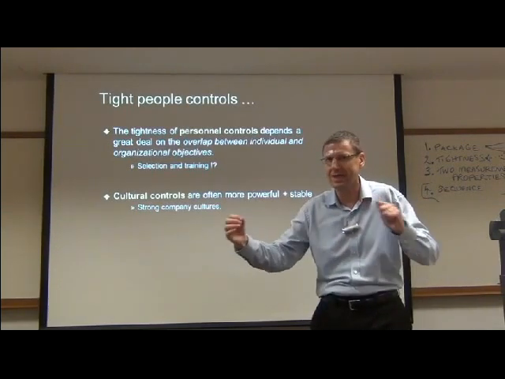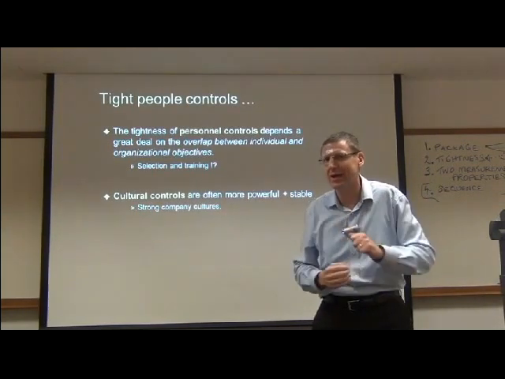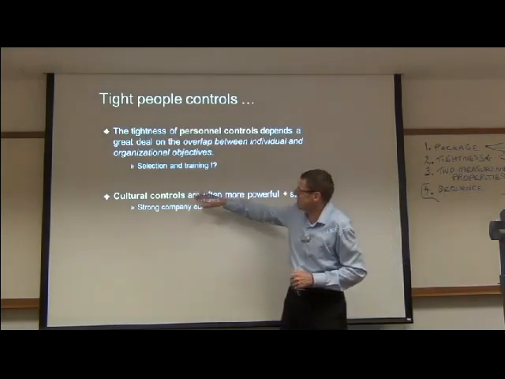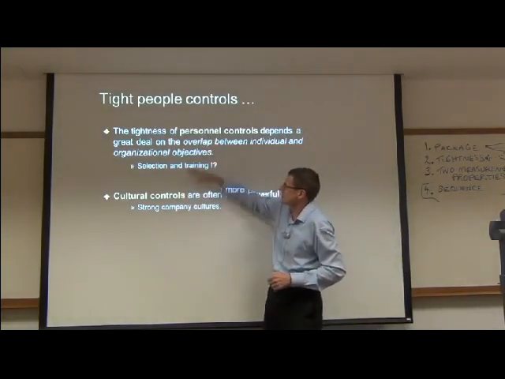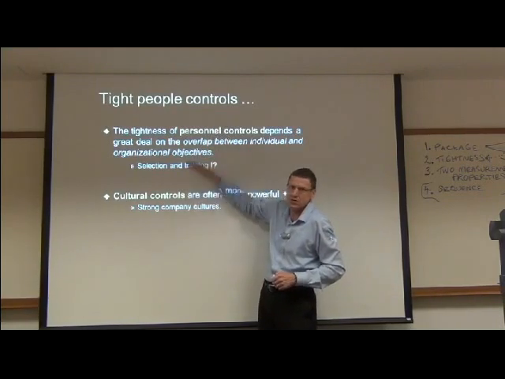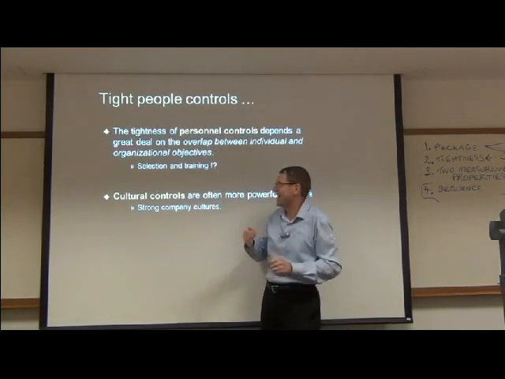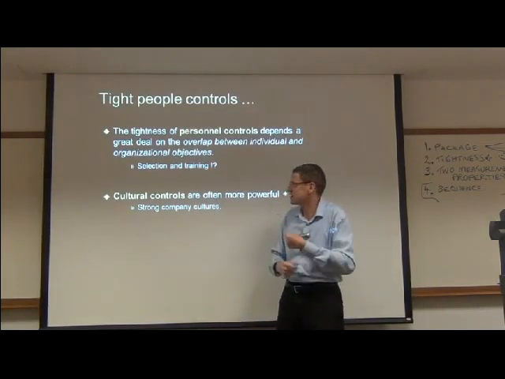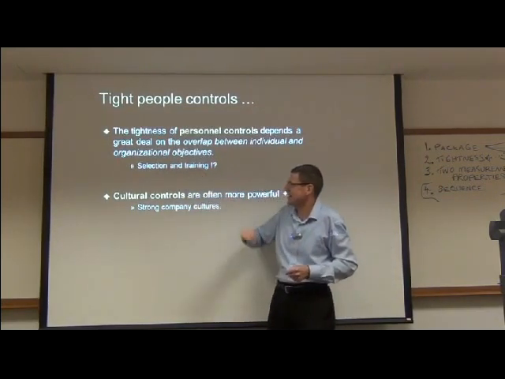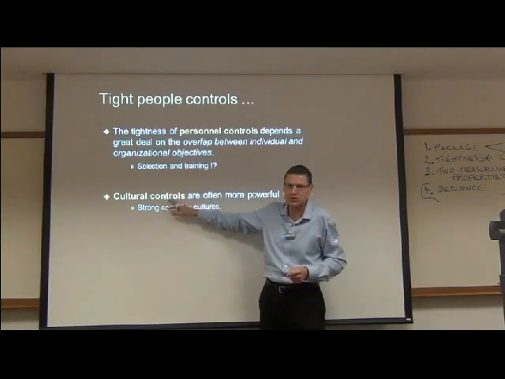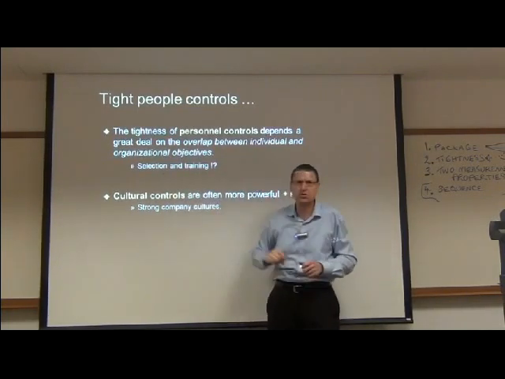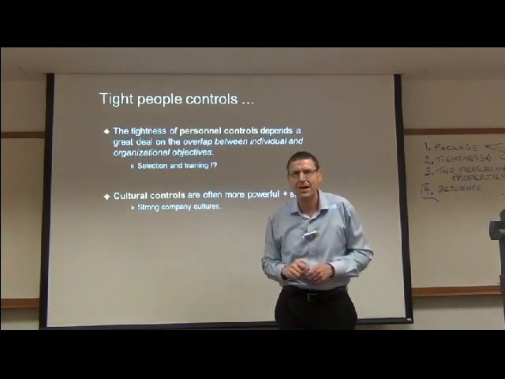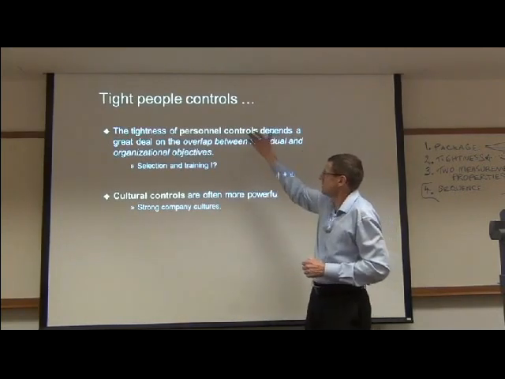It's just the way things are done around here. There's always some overlap between cultural and personnel control. This is the psychology and sociology. They do overlap. But the one thing that makes it tighter is selection and training. The training can affect cultural controls. The selection can affect cultural controls over time. And there we have tight people controls.